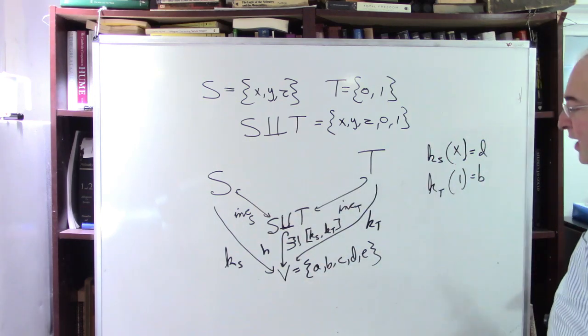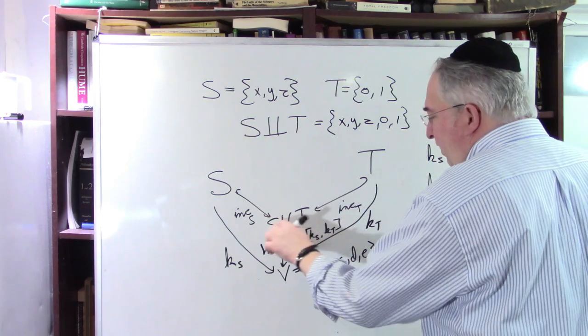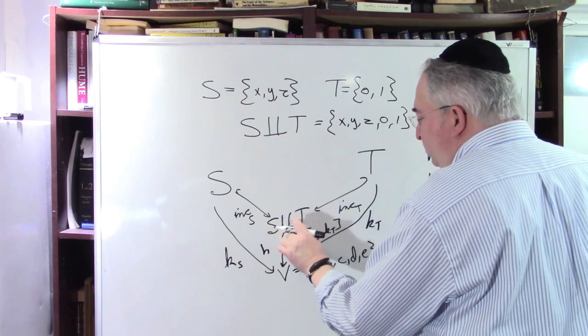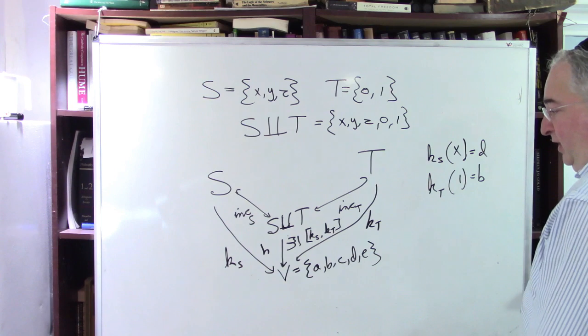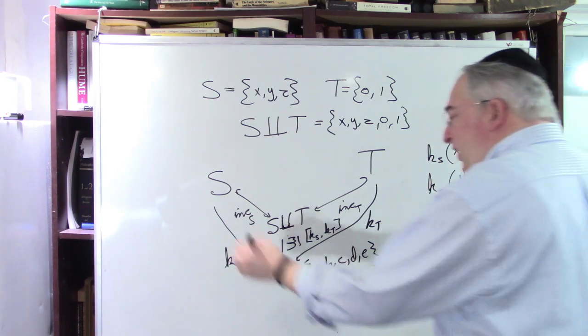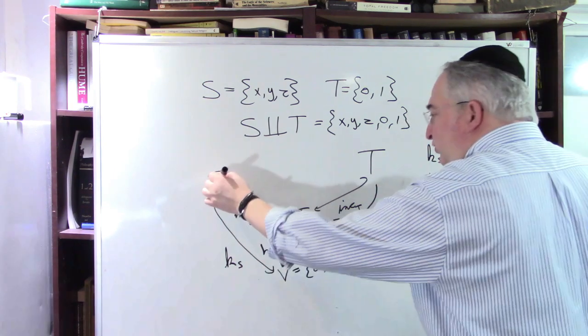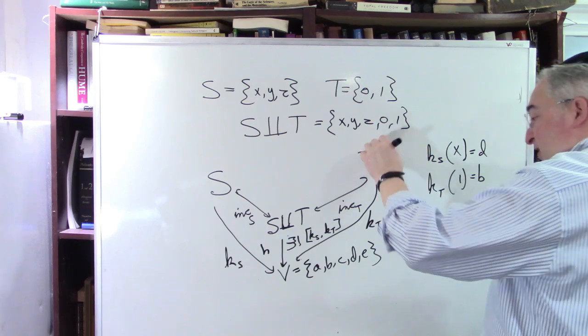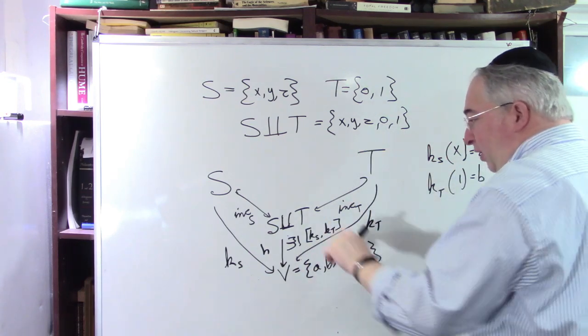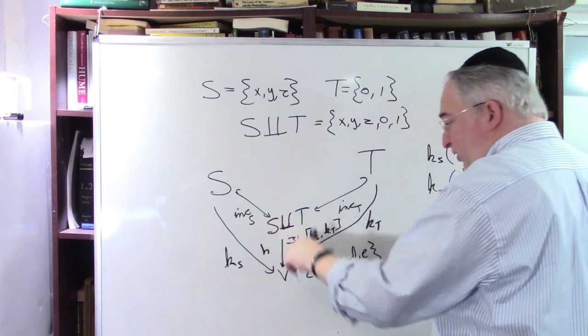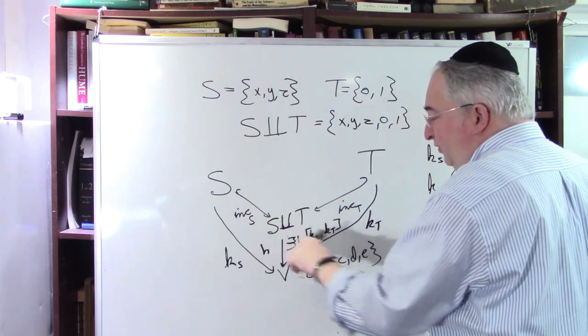Okay, great. Now, what does that tell us about this? What's the relationship between this disjoint union and V? And the answer is, K of S gave values for this. K of T gave values in here for the elements of T. Well, there's a map here called H, which gives the same values on it.